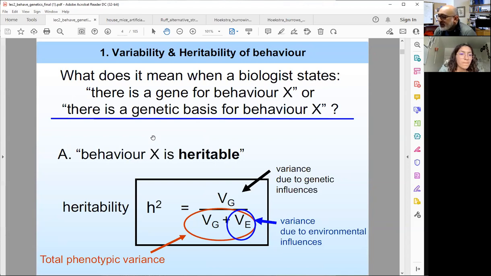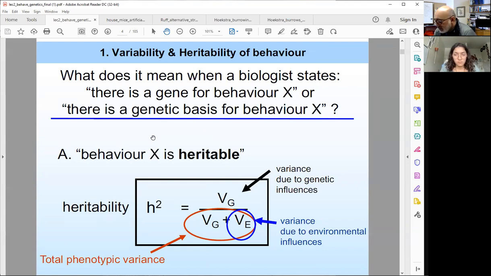That is, the variation in the trait, at least some of it, is related to genetic influences. We can measure the relative contribution of genes to overall variation in a trait. And that proportion of genetic variation is called heritability.